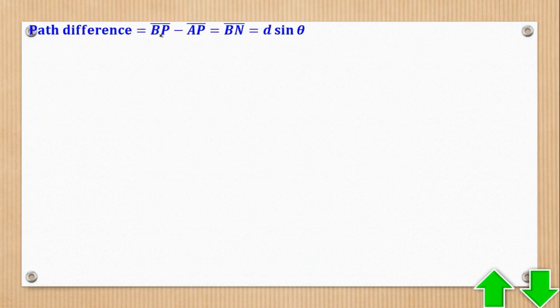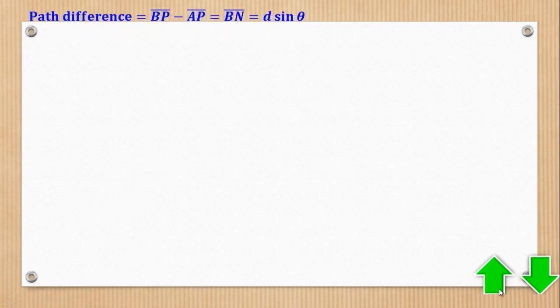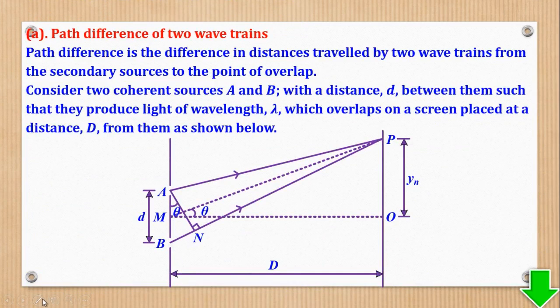So path difference, like I told you, BP minus AP is equal to Bn, and Bn is d sine theta. By resolving, if you come here and look at this triangle ABN, you realize that when the angle is here, the opposite is Bn, and the hypotenuse is d.